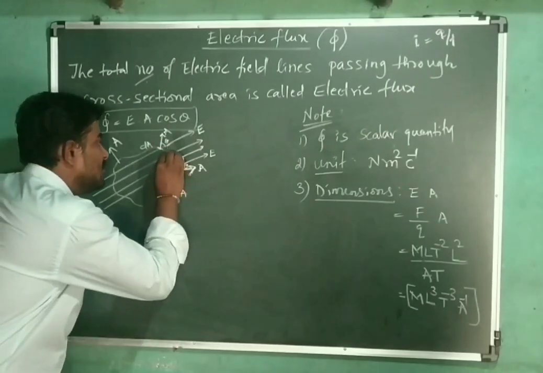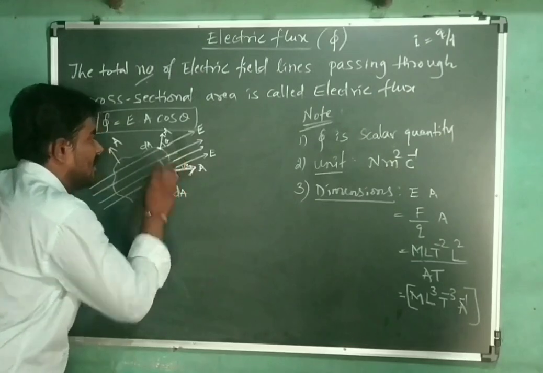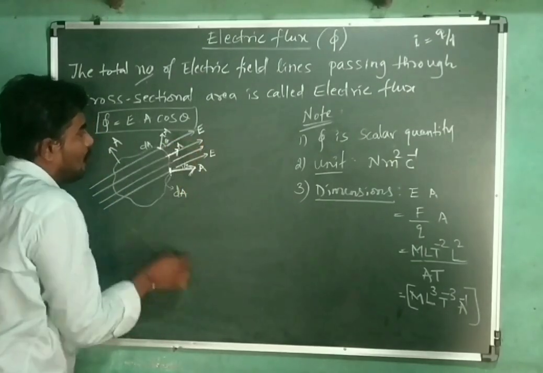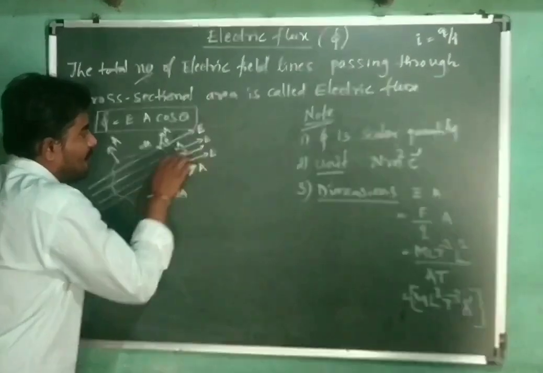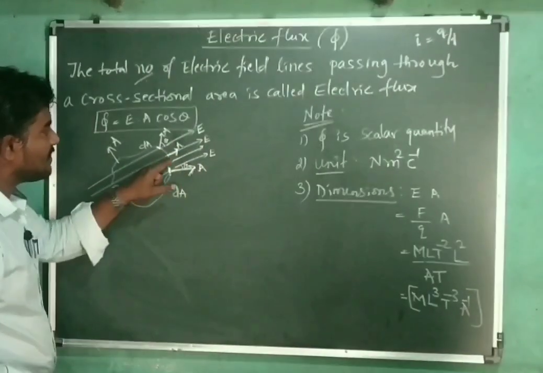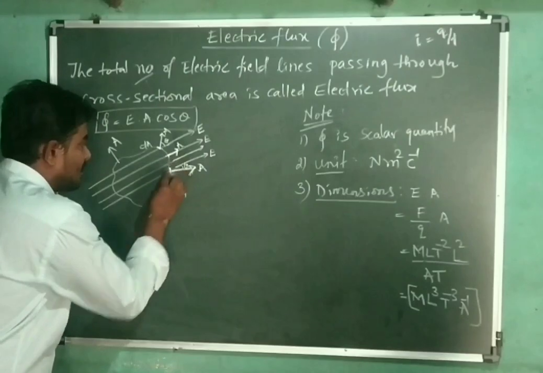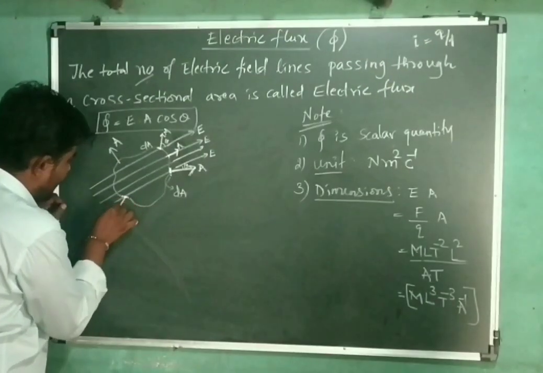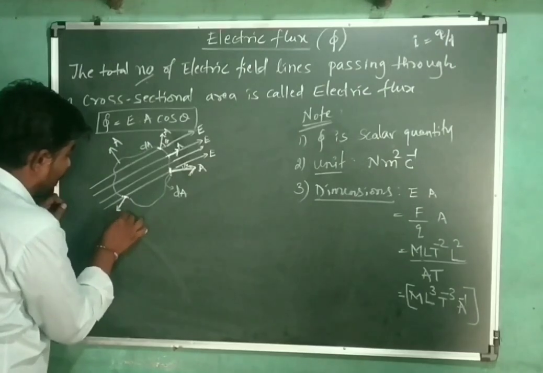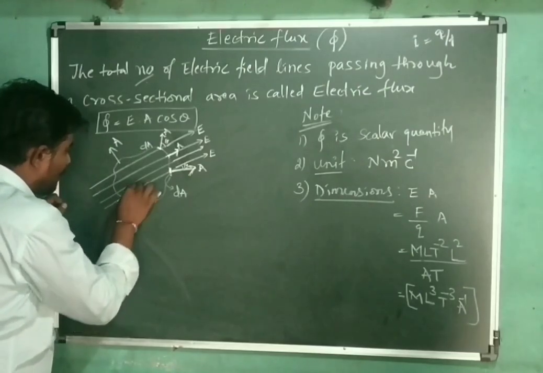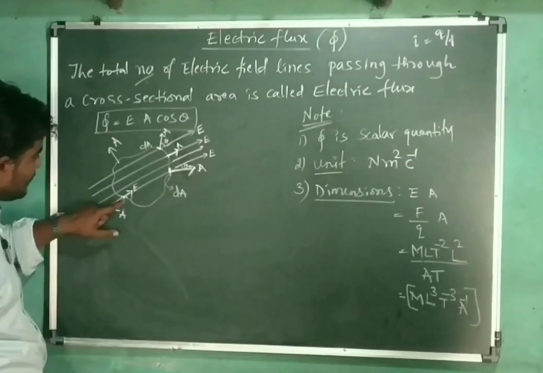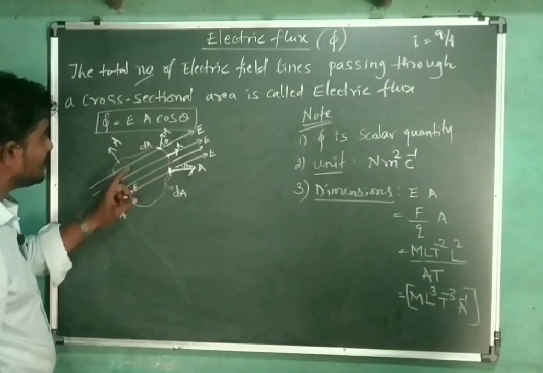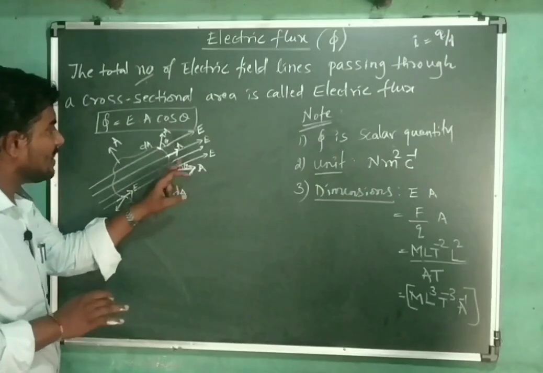If I consider this very small area, once again dA, and this is the area vector, in this case these two are in the same line. If I consider this area, this is the direction of the area vector, sorry, and this is the direction of the electric field, here the angle is different. It means in all these situations there are different angles.